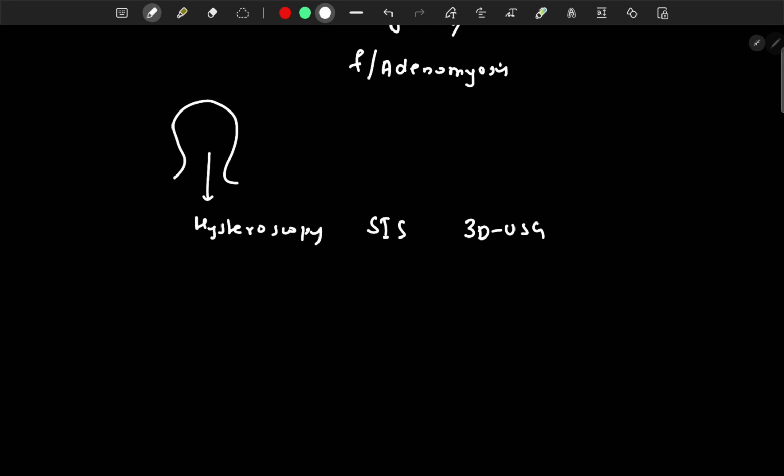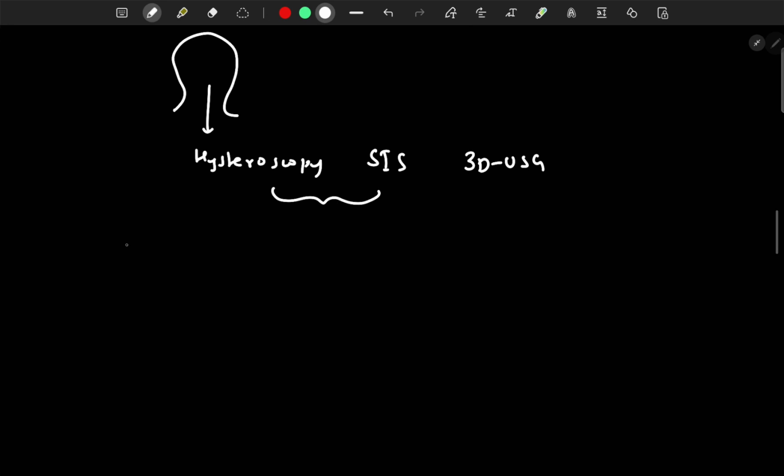In hysteroscopy and saline infusion sonography, we use distension media before to distend the potential uterine cavity. Then we can use MRI. MRI is used to differentiate whether it is a fibroid or an adenomyosis.